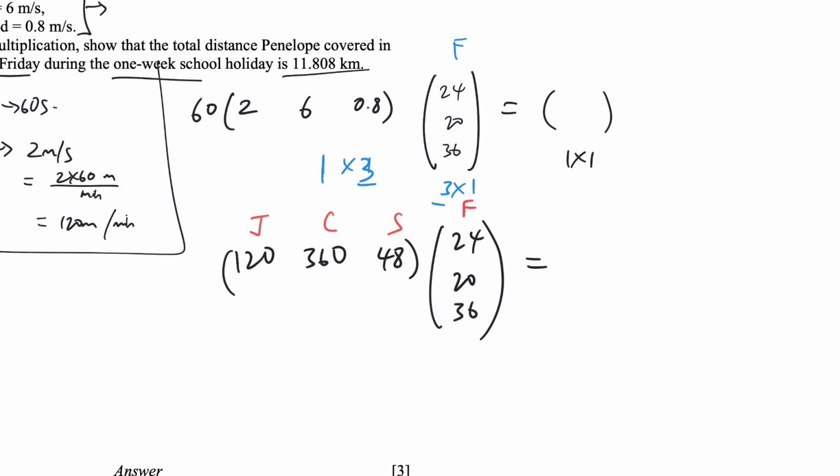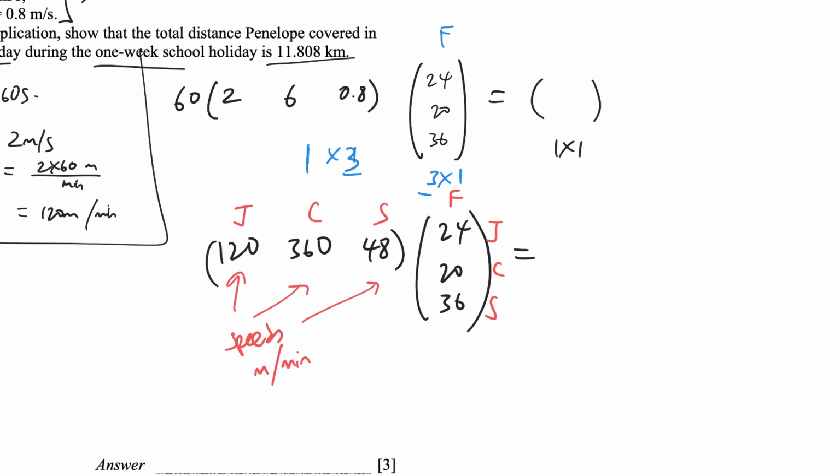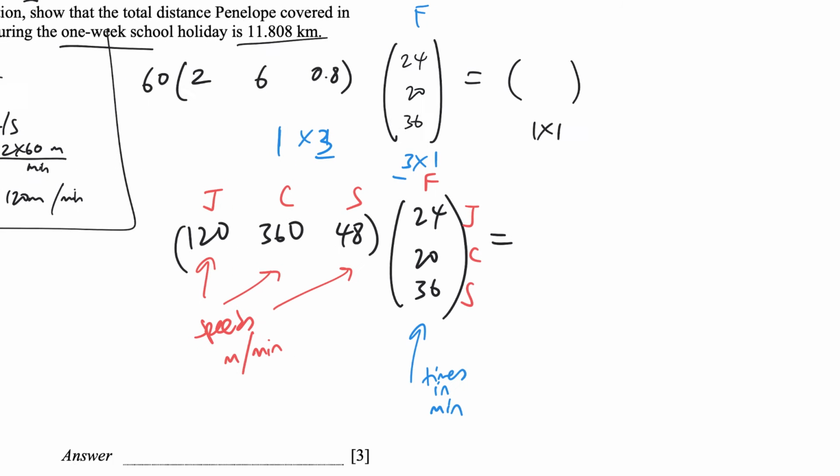This is for Friday: jogging, cycling, swimming. These are all the speeds in meters per minute, and these are all the times in minutes.